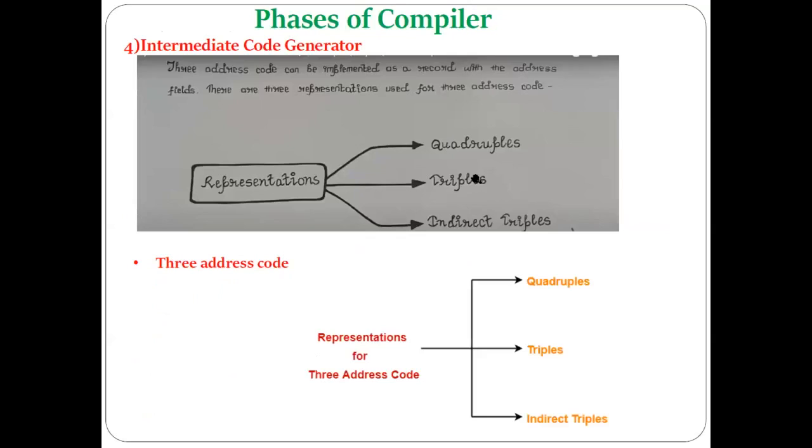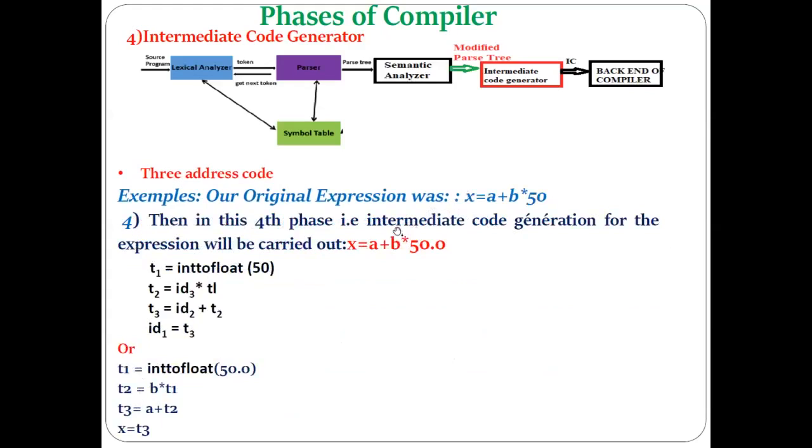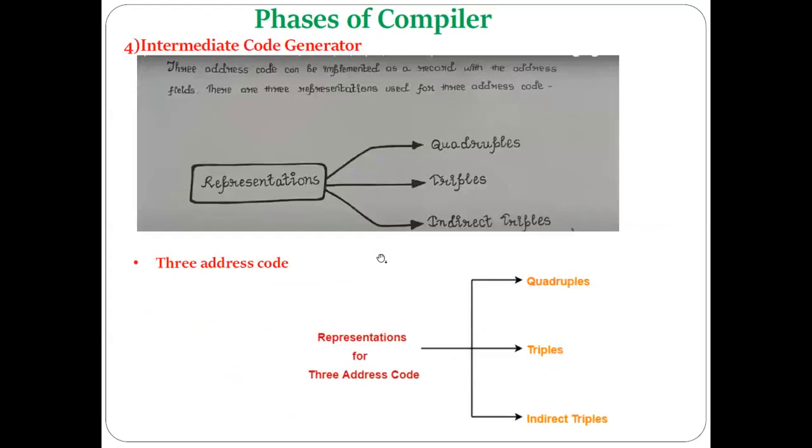Now we have seen what the three address code is, what its need is, why it is to be generated, and its types, with an example of three address code. Now there are different representations of three address code also, for simplicity. The main reason behind generating the three address code or the intermediate code is what?